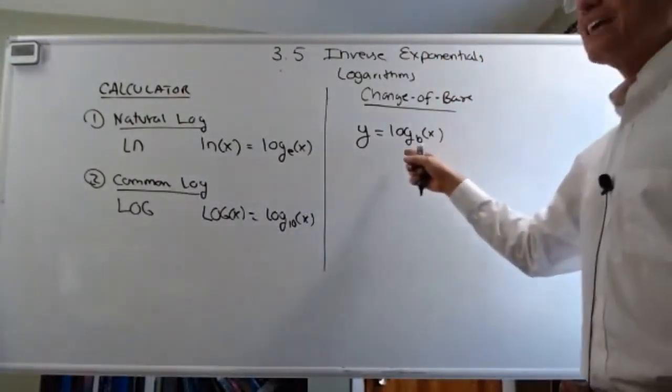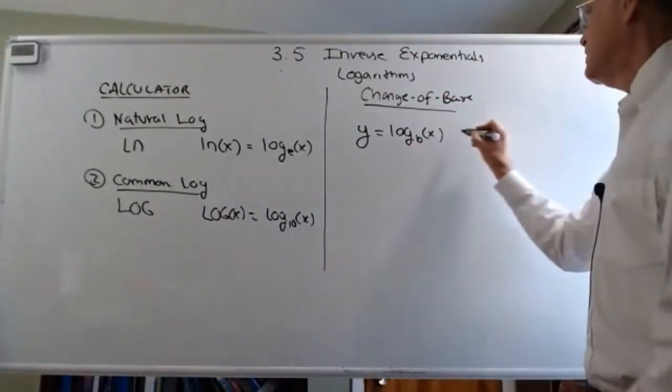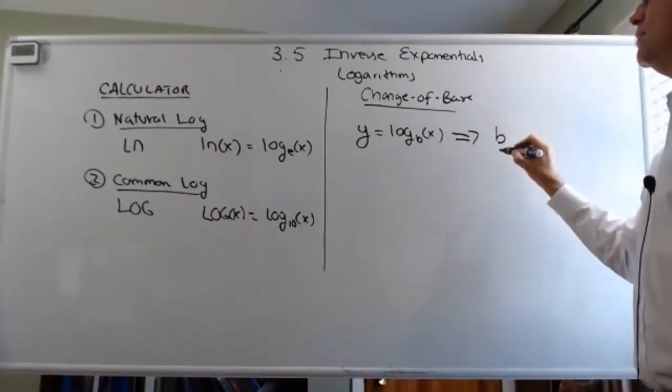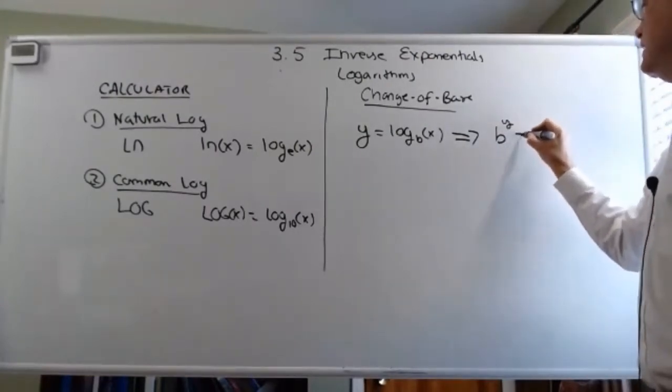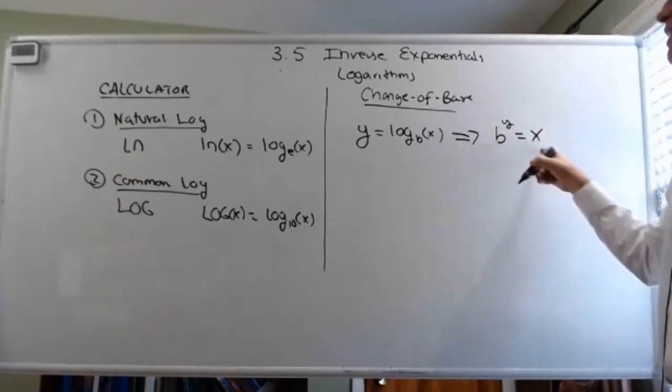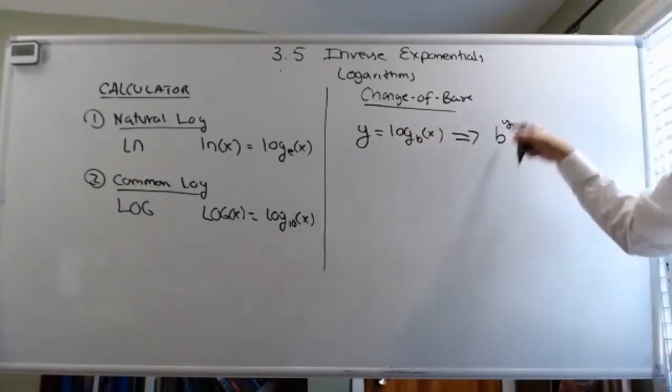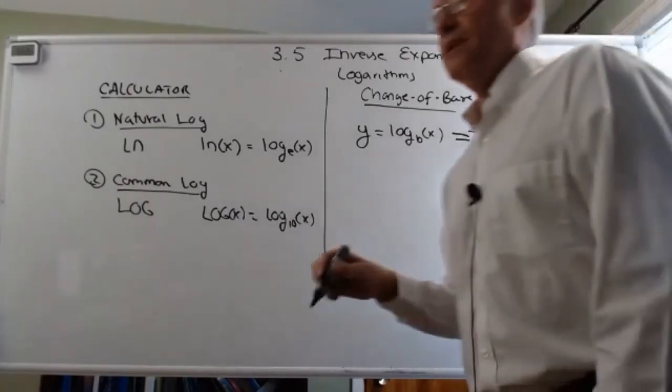Let's first start off by rewriting the exponential form of that. Remember, this is equivalent to b to the y is equal to x. That's the equivalent exponential form. The logarithms are the exponents to that base.